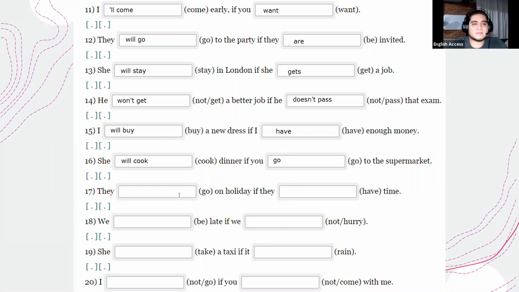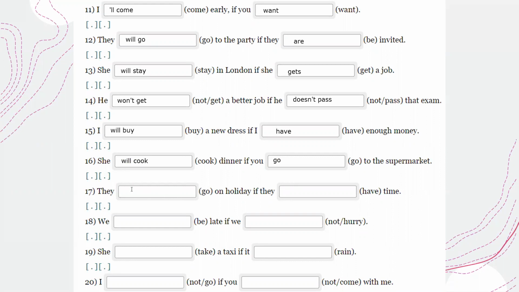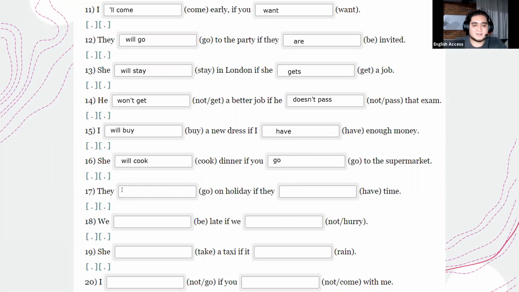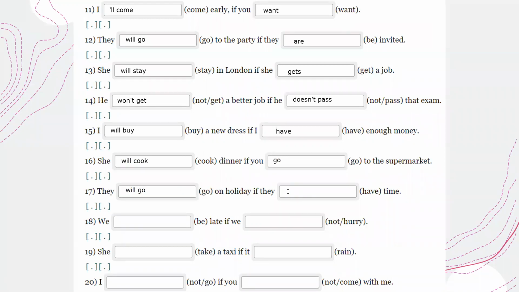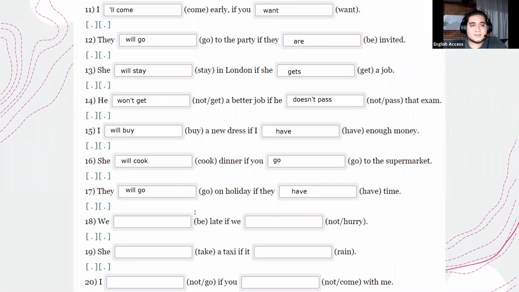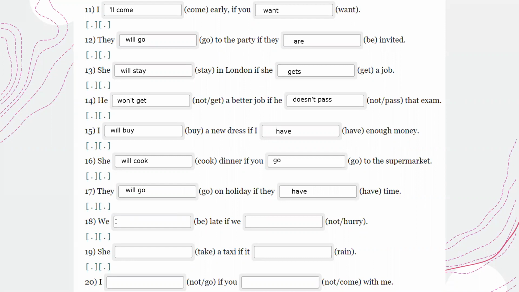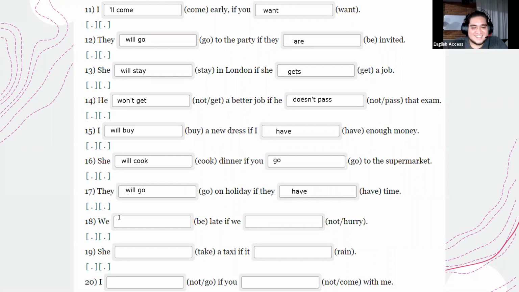17. They will go on holiday if they have time. Perfect. Luis, 18. We will be late if we don't hurry. Okay.